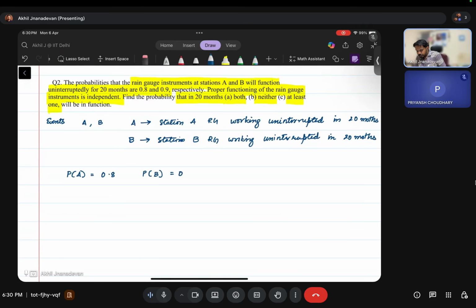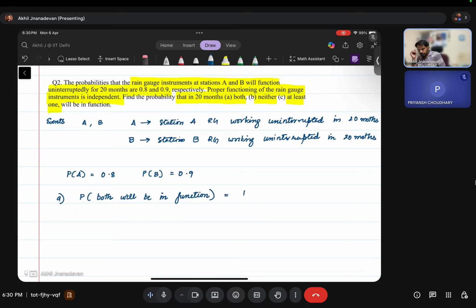Now we come to the first part, the probability that both will be functioning in the 20 month period.